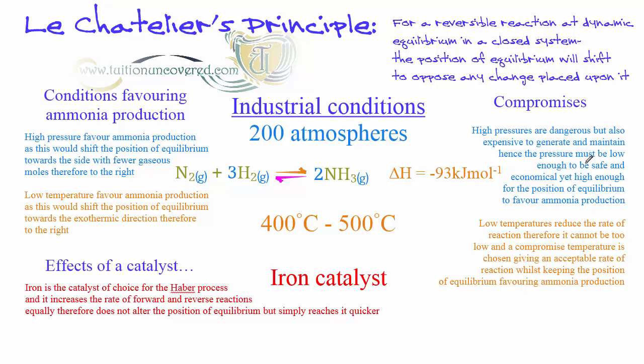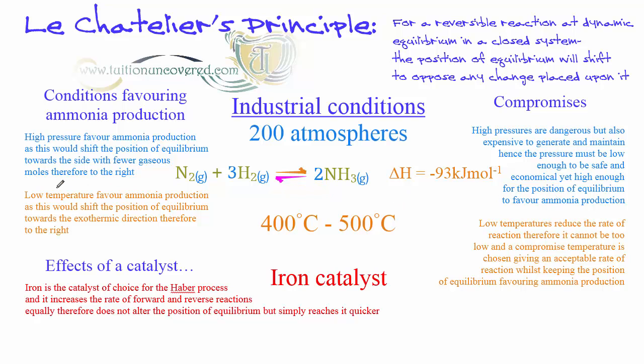Said in a very specific way, because if that pressure was decreased, to make it safer and more economical, a lower pressure favors the side with more gaseous moles to the left. So that's why I've said the pressure should be low enough to be safe and economical, yet high enough for the position of equilibrium still to be facing that direction, towards ammonia production.